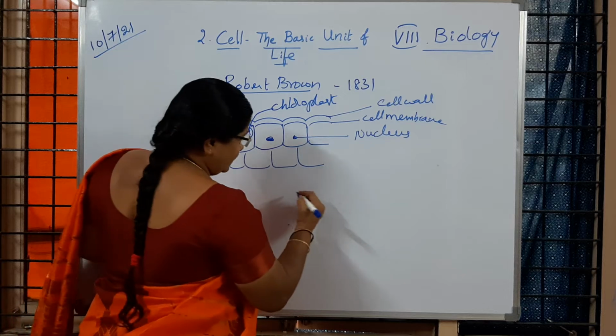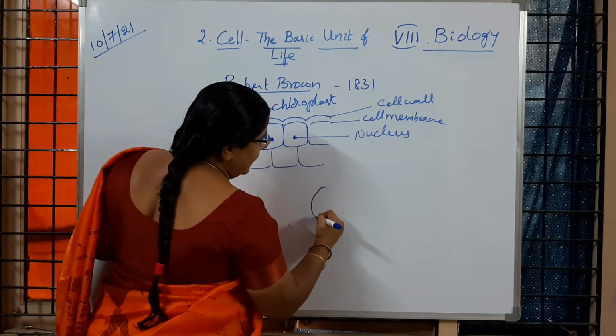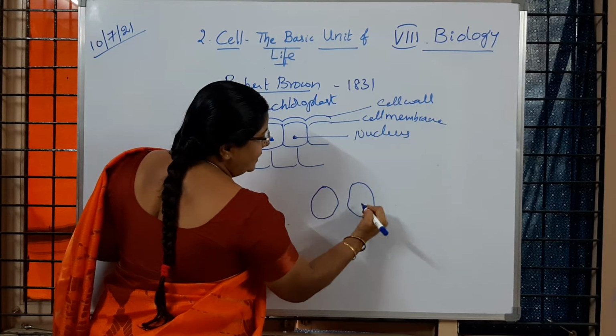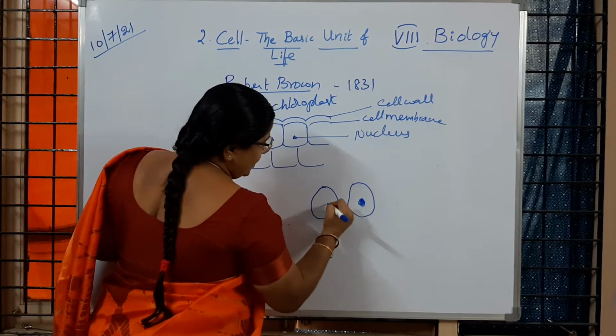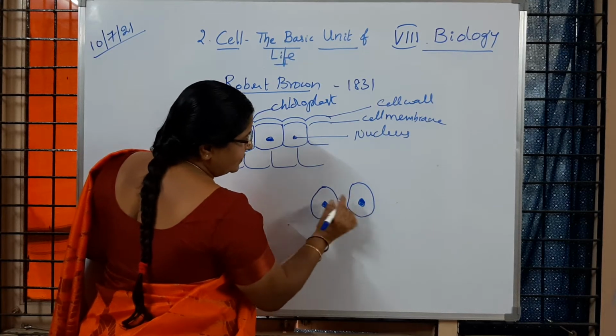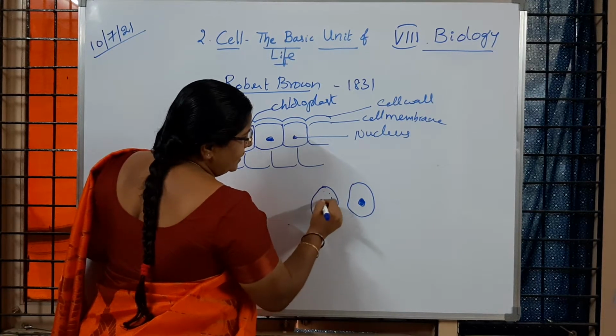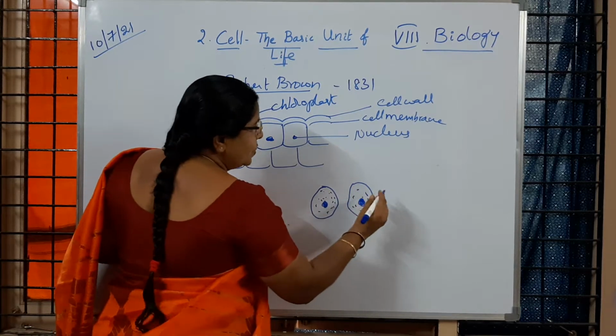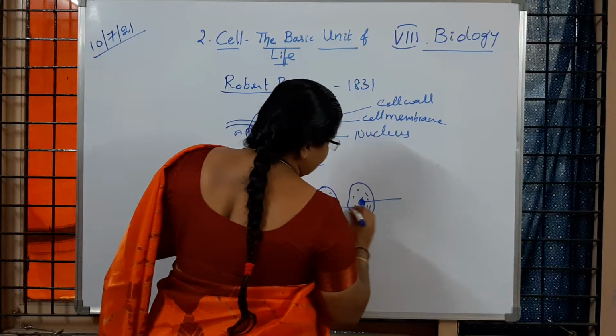Like that, when cheek cells were observed, the cheek cells are seen like this, and a prominent structure is seen more or less at the center of the cell, and here the dotted portion is also seen. What is that prominent structure which is seen?